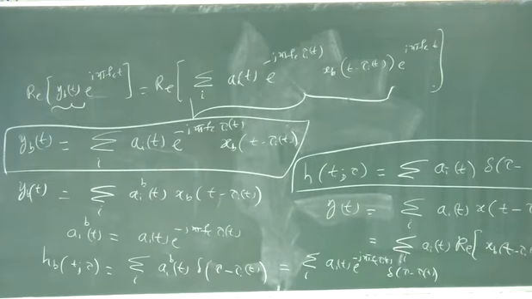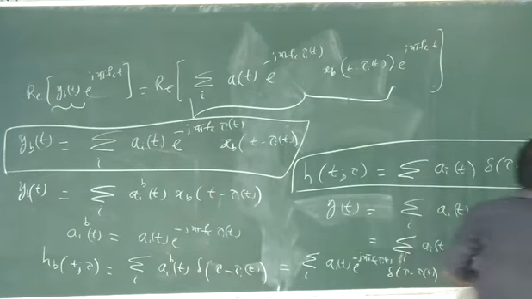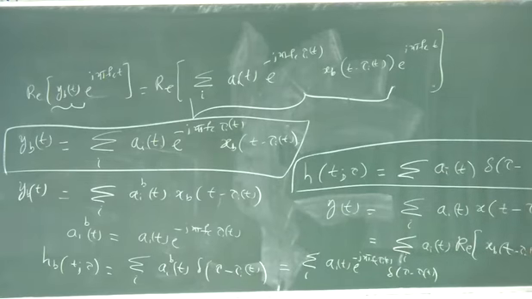So this impulse response now has a0 e to the power of j 2 pi f_c tau_0(t) at tau equal to tau 0, minus, and so on and so forth.